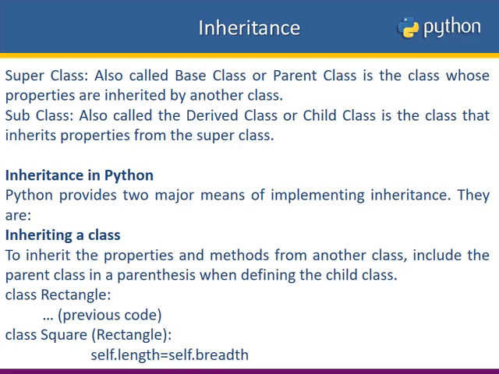To inherit the properties and methods from another class, you include the parent class in parentheses when defining the child class. So when inheriting a class, you include the parent class name in parentheses. We can see from the example, class Rectangle is the super class, that is the parent class.